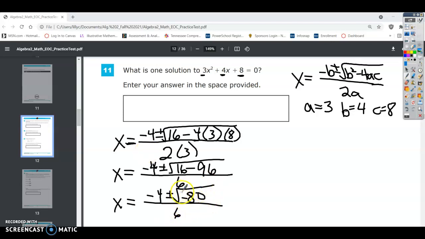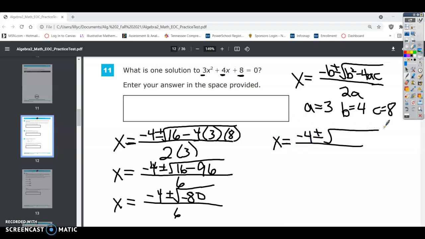Alright, now that I know I have a negative number here, first thing I need to do is find a perfect square that divides into 80 evenly so that we can pull it out. And we need to remember that the square root of negative 1 is equal to i. So we're going to have an imaginary solution here. Alright, so we're going to have negative 4 plus or minus.